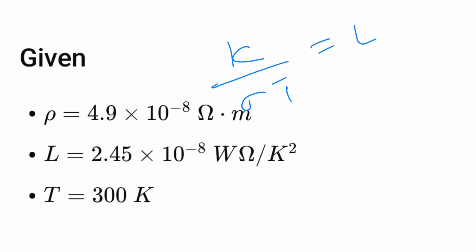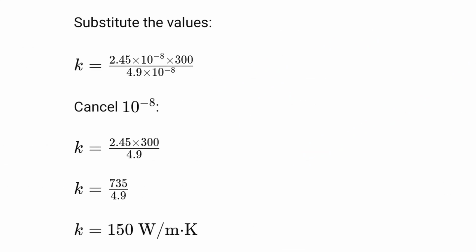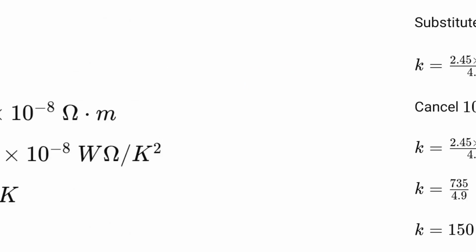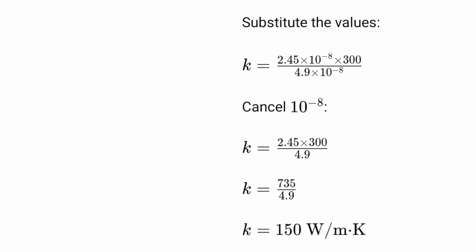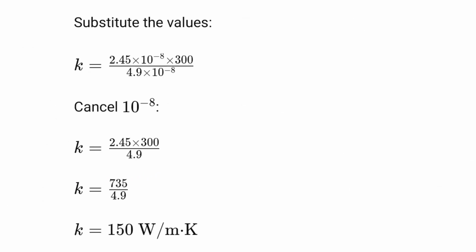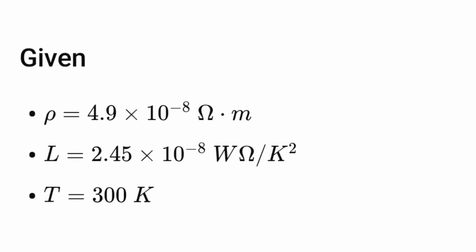We need K. Thermal conductivity K equal to L T sigma. Substitute the values. K equal to the Lorenz number 2.45 into the value, and the temperature value.